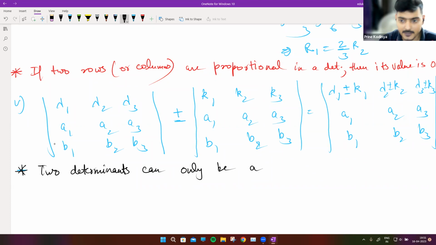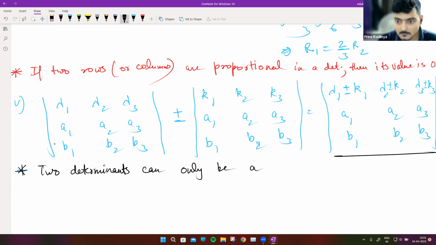If you get a determinant, just hear out this explanation as well. If I get this RHS determinant in which there is one row or one column which is specified as a sum of two, so in this, the first row is specified as the sum of two, lambda1 plus k1 or lambda1 minus k1.